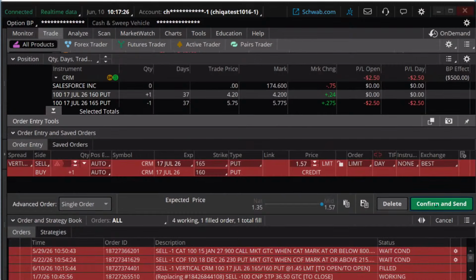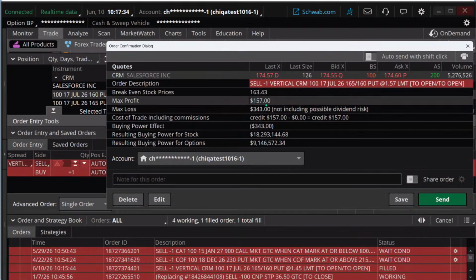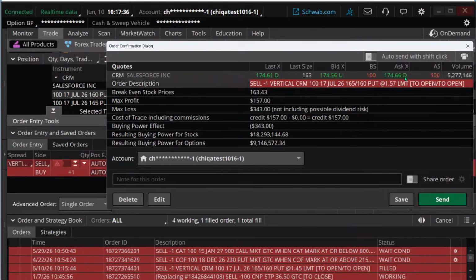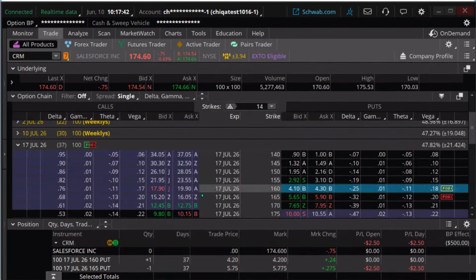Okay, we want the stock to stay above the 165 level. Max gain 157, max loss 343. I'm going to tweak this a little bit. That 157, 343. See if we can remember that.